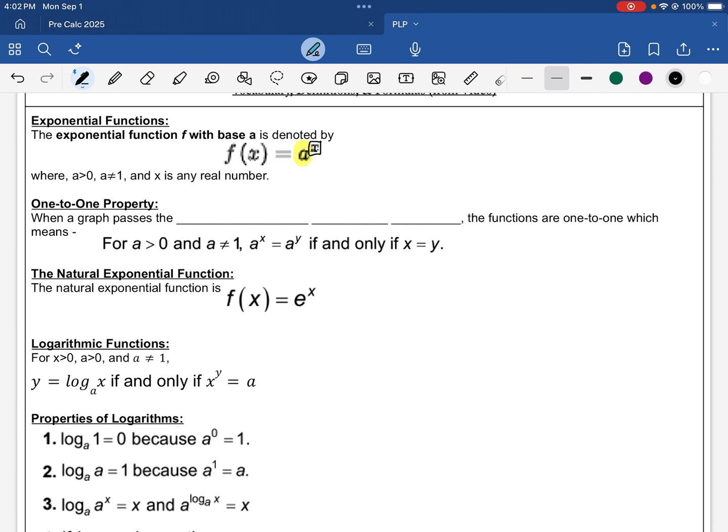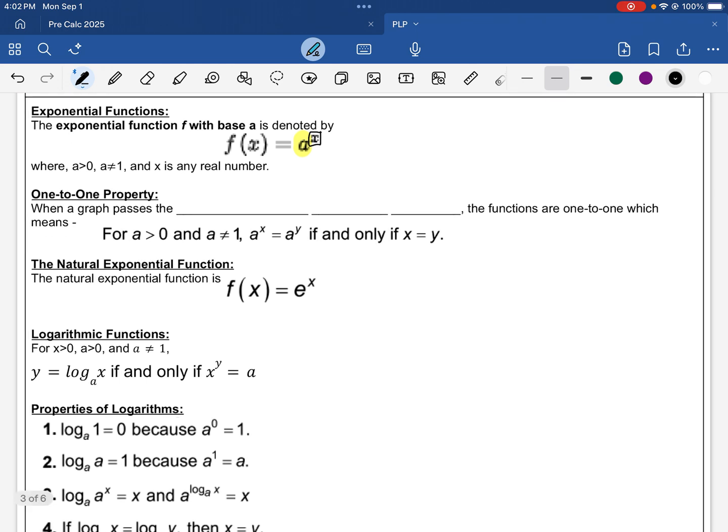The one-to-one property is one of the pieces of exponential functions. The one-to-one property is when a graph passes the horizontal line test. The functions are one-to-one, which means for a greater than 0 and a not equal to 1, a to the x equals a to the y if and only if x is equal to y.